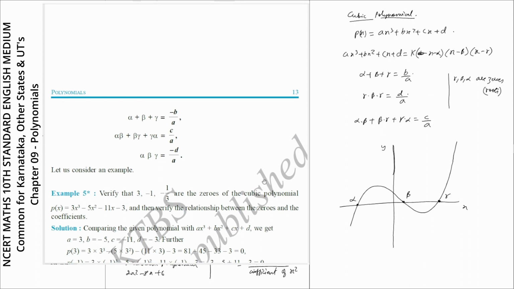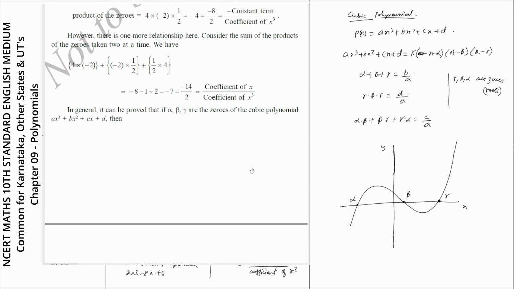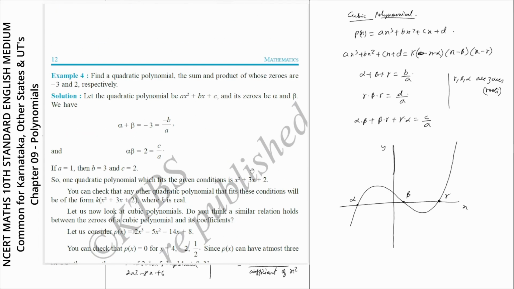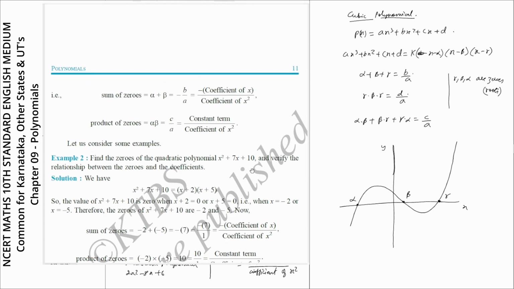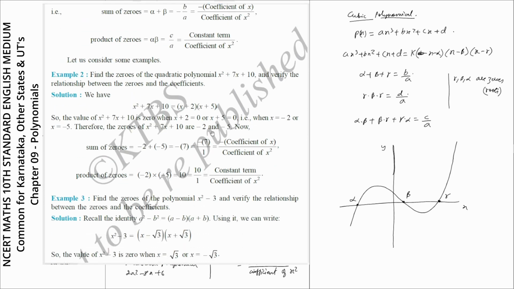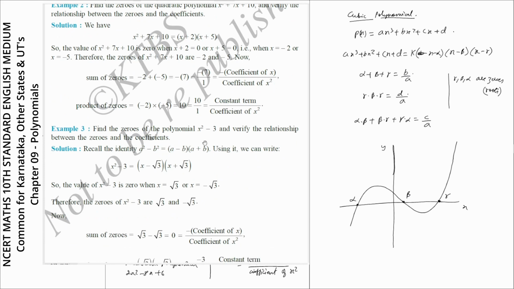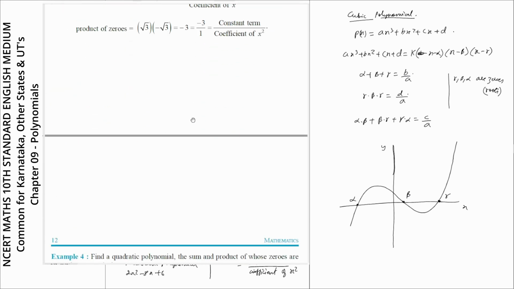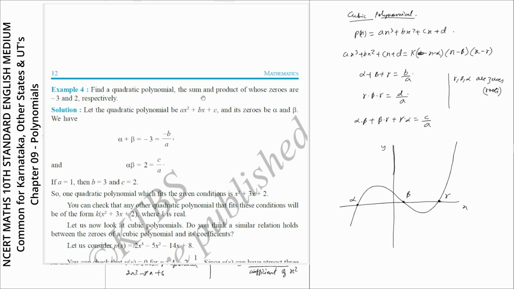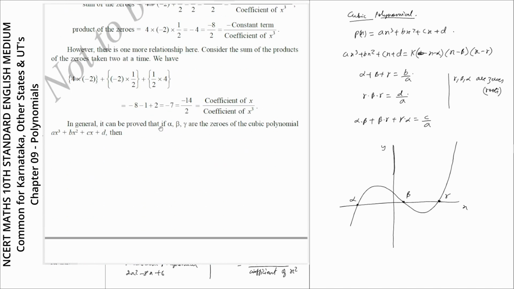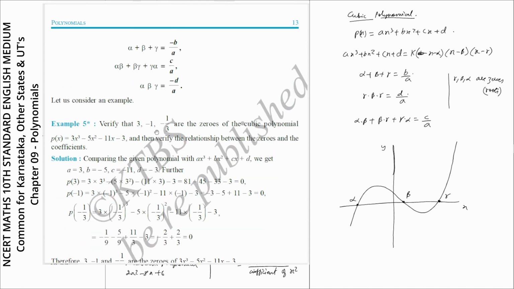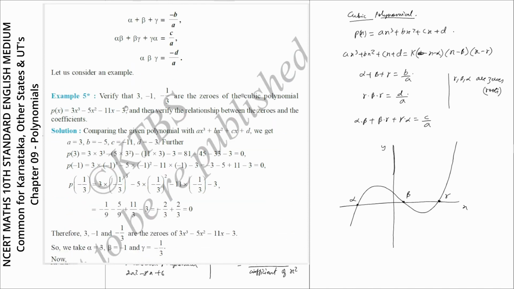In the textbook there are several worked examples. You can go through them. All are very simple and self-explanatory. Here these problems are related to quadratic polynomials. This is also related to quadratic polynomial, and this problem is related to cubic polynomial.